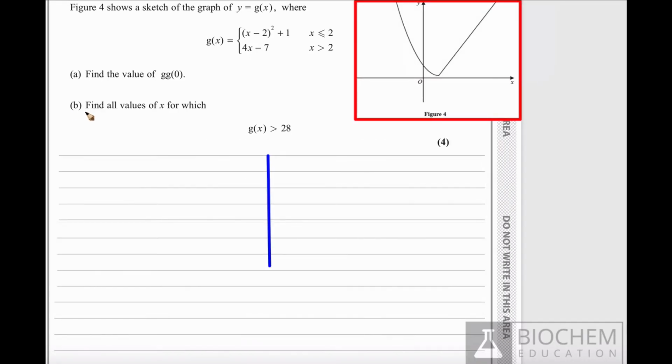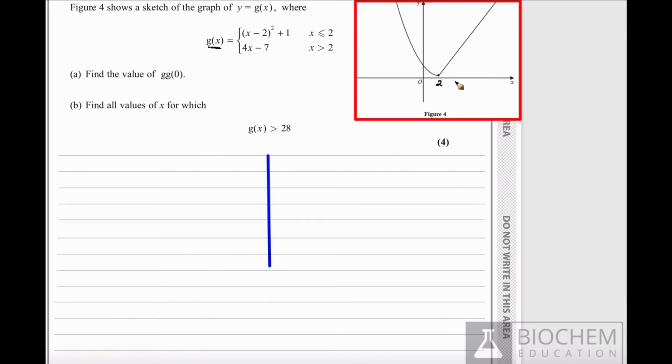Question 6, part B. Find all the values of x for which g of x is greater than 28. So this question is asking us to find the values of x which, when substituted into function g of x, in other words into these equations, will give us a value which is greater than 28. Looking at this graph, we know that this point is 2.